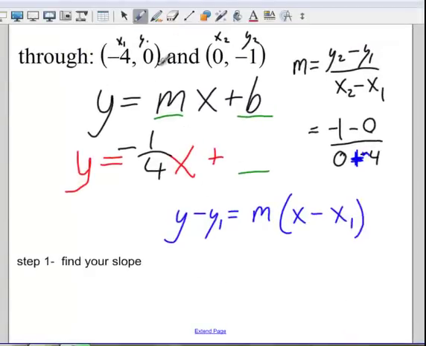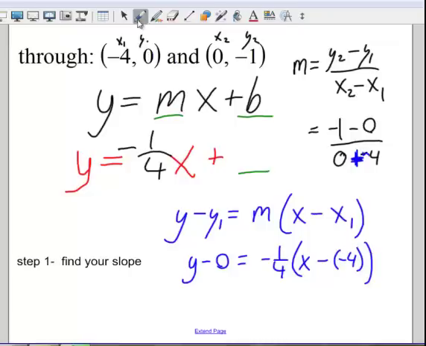Let's use this point right here, and I know my slope is this, so I'm going to have y minus my y1, which is 0 in this case, is equal to negative 1/4 times x minus x1, and x1 is a negative 4, so I'm going to put that negative 4 in parentheses.